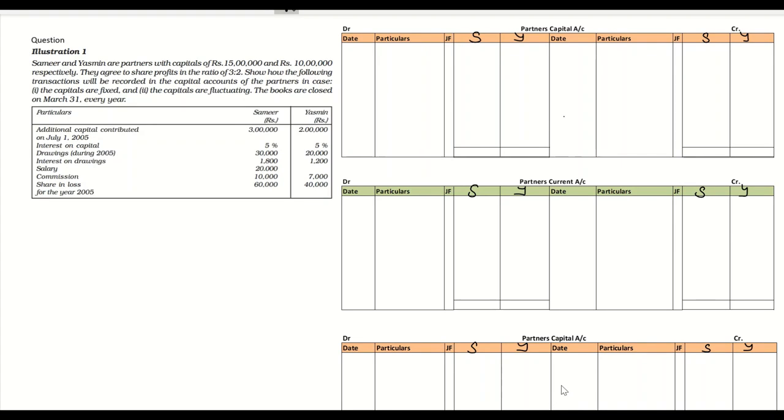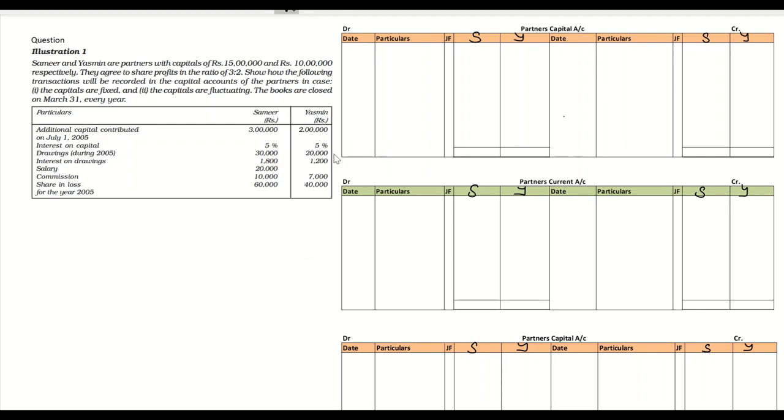Show how the following transactions will be recorded in the capital account of partners in case 1, the capitals are fixed, and case 2, the capitals are fluctuating. The books are closed on March 31st every year. There is a set of transactions given for this firm: additional capital contributed, interest on capital, drawings, interest on drawings, salary, commission, share of profit and loss for the year 2005.